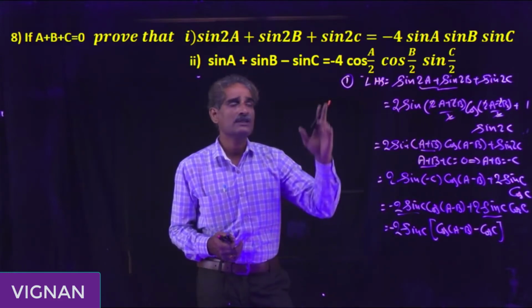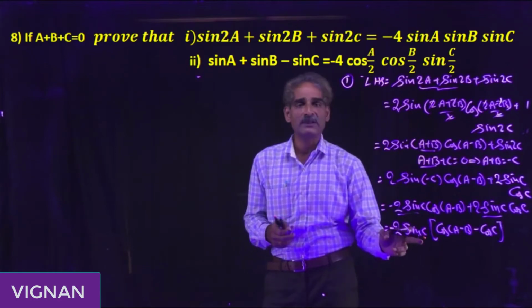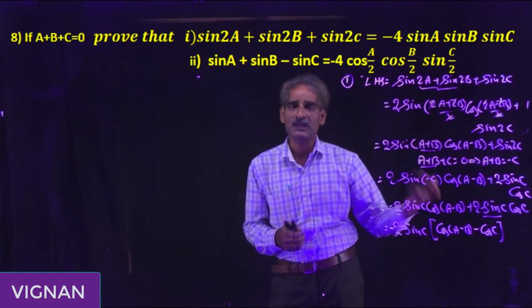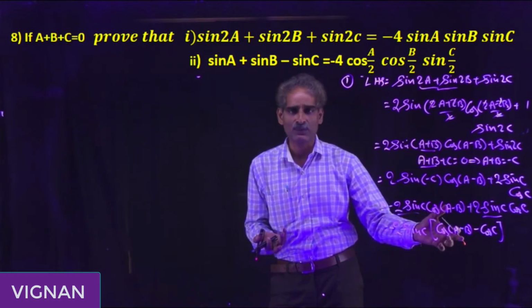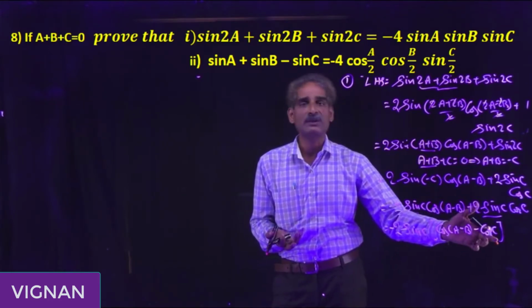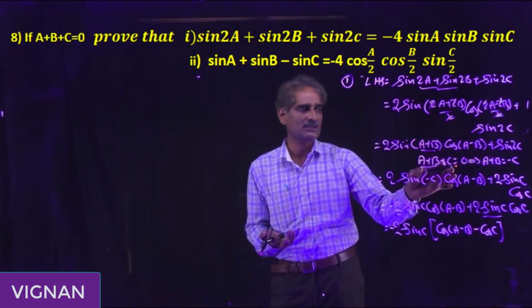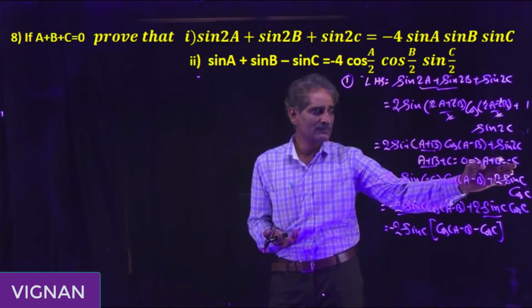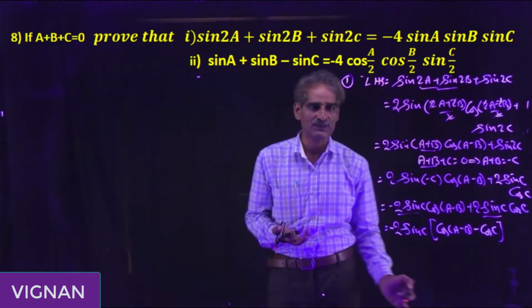Okay. So in the right hand side there are sin a, sin b, sin c terms. So we already have sin c. Whatever remains is sin a and sin b. The first term is in terms of a and b, no problem with this. So try to write c also in terms of a and b with the help of the condition a plus b plus c equal to 0. From this, c is equal to minus of a plus b. Replace c by minus of a plus b.